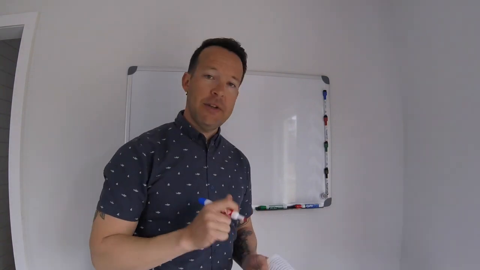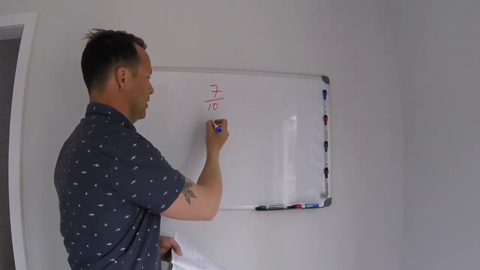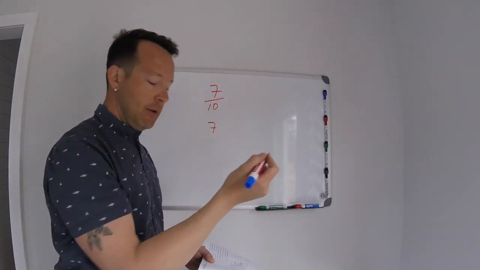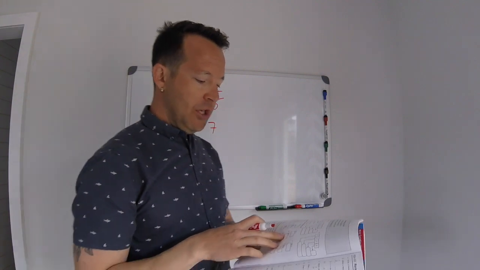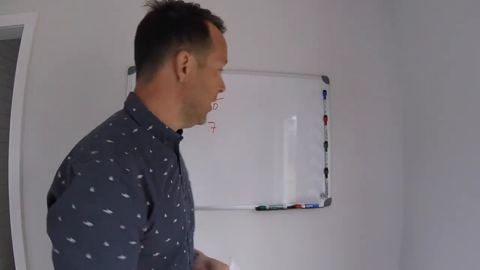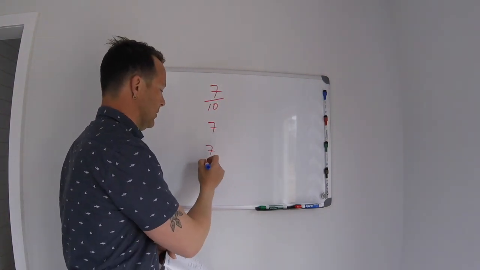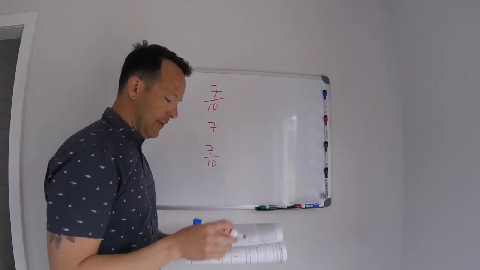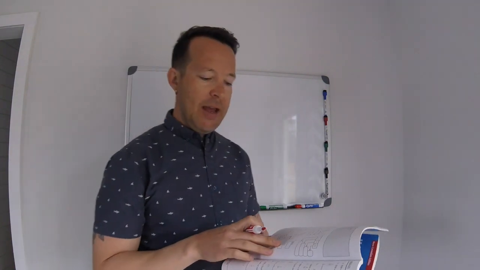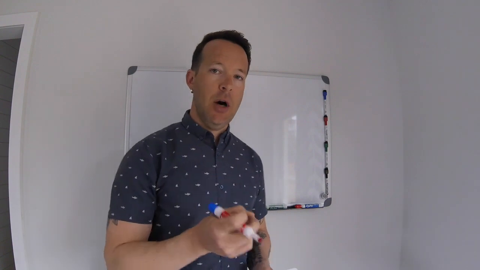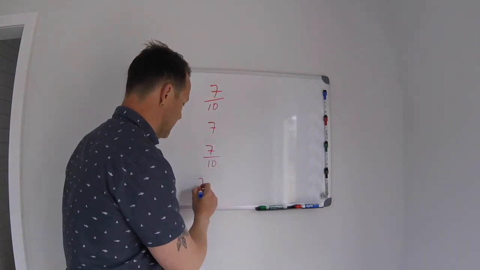In F, the 7 is in the ones column, so 7 is going to be worth 7. In G, again, 7 is in the tenths column, so again it's going to be 7 over 10, 7 tenths. And in H, it's in the hundreds column, so it's going to be worth 700.